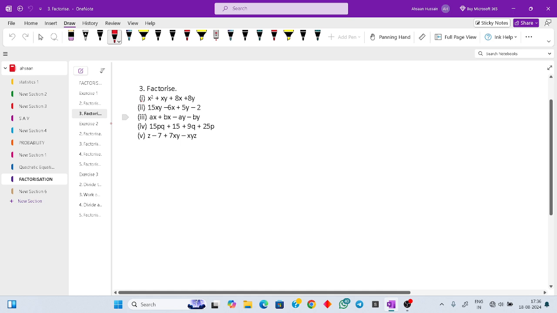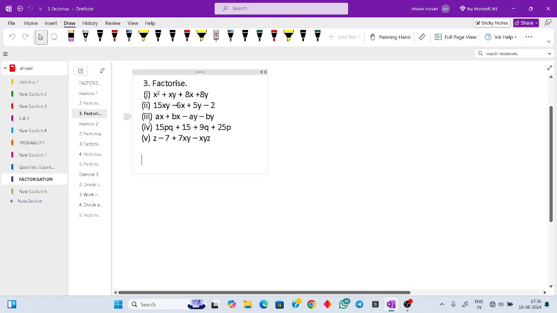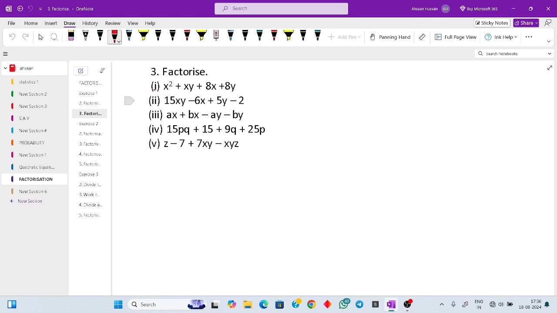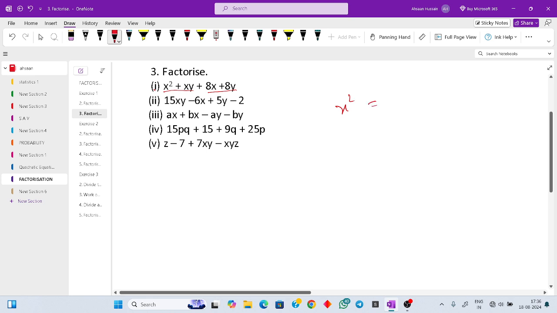Now, what about this one? So see, if there are four terms in the question, then you have to take two at a time. For example, x square plus xy. We'll take these two first, and then 8x plus 8y. We'll take these two later. So what is the common factor of x square and xy?